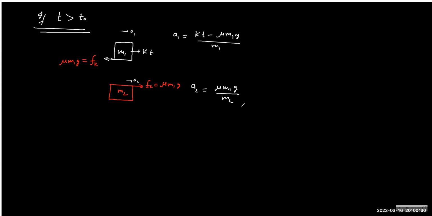The top block will have a time dependent acceleration, but the lower block will have independent acceleration, so a constant value, right? Why? Because the driving force is constant, isn't it? And therefore, it's a very famous question. You have to plot a graph of A versus T.